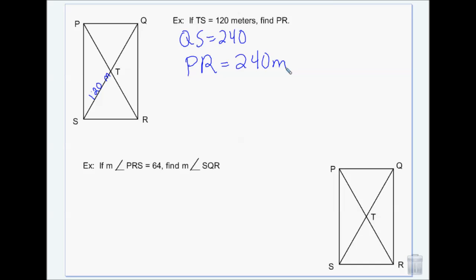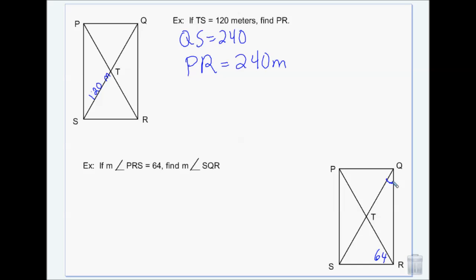If I have the measure of angle PRS is 64, so PRS is 64. That's this one right. That's that one right there, 64. And I want to find the angle SQR. That's this angle right here. So what you have to do is, well, these are 90-degree angles, right?